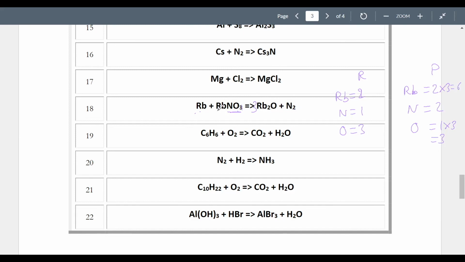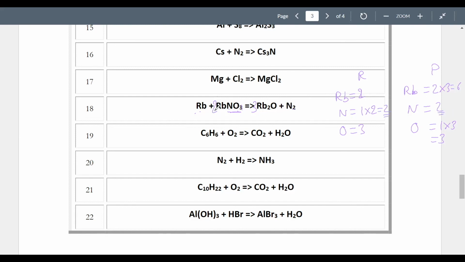Now let's look at the number of nitrogens. There are 2 here, so we need to make this also 2. So multiply that by 2. It became 2 now, so 2 nitrogen and 2 nitrogen over here.